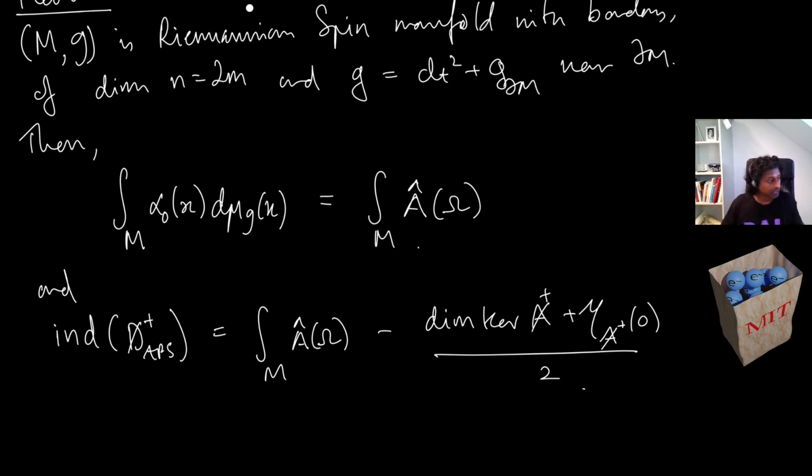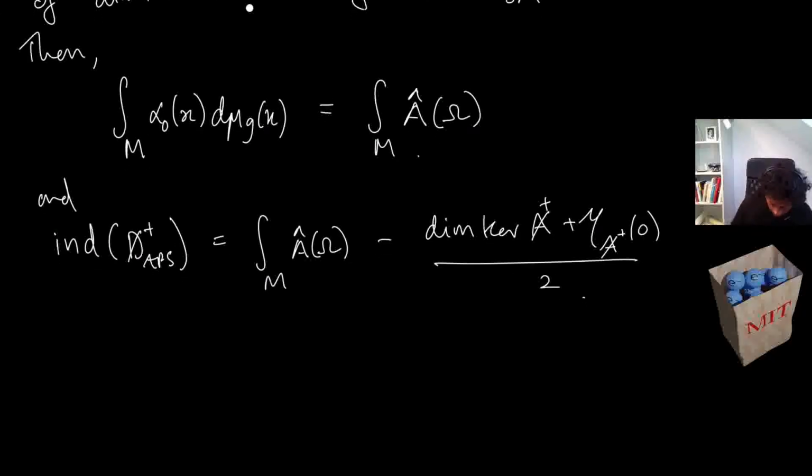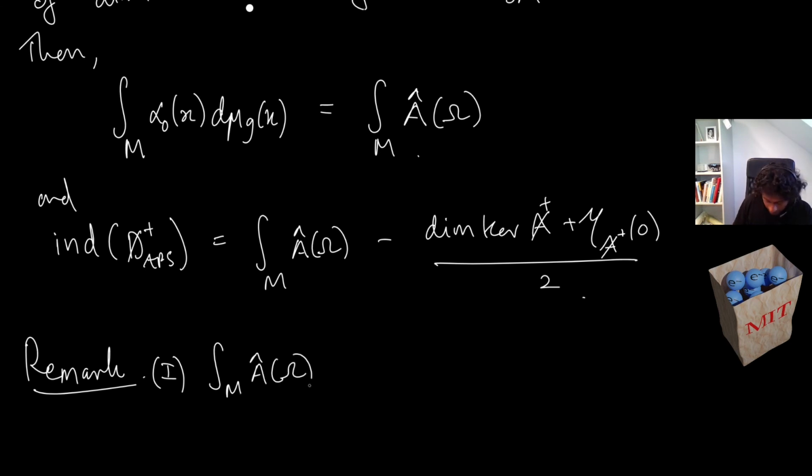Okay, so a couple of remarks I want to make. So the first remark is the integral a hat of omega should be understood as picking out the top order form.